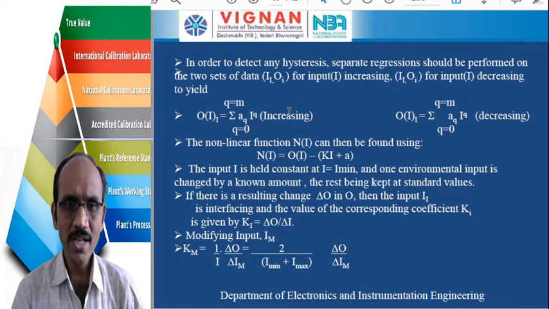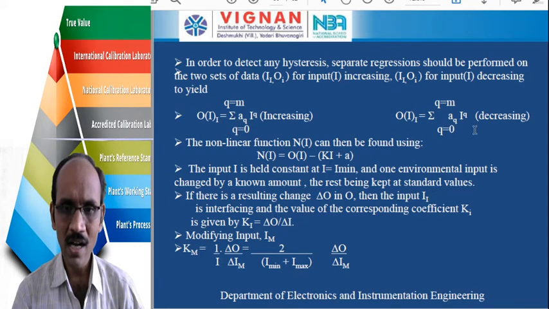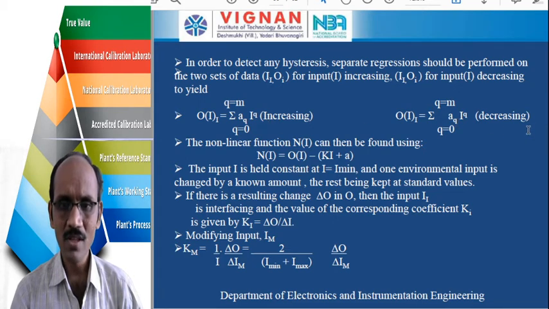So in order to detect any hysteresis, we are going to be framing two equations. So these two equations are called as the regressive equations. One is for the increasing and another one is for the decreasing. So by seeing these two equations, the mathematical equations will be the same, but the input is going to be increasing in the first case. In the latter case, the input is going to be decreasing.